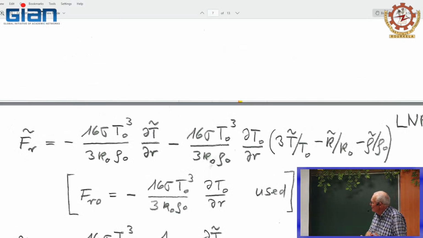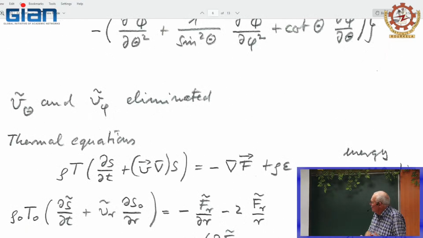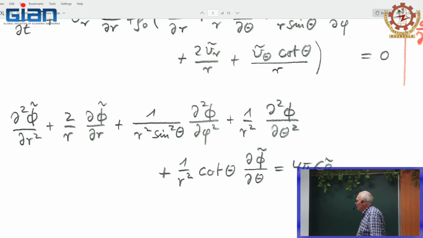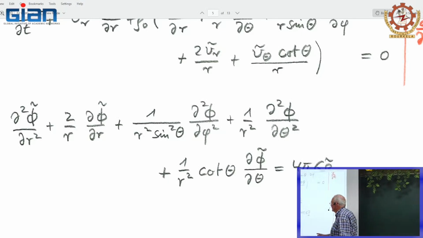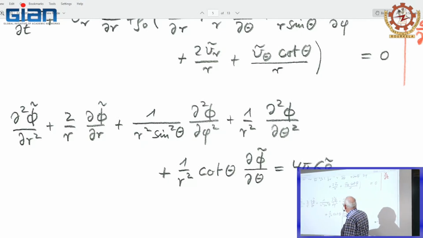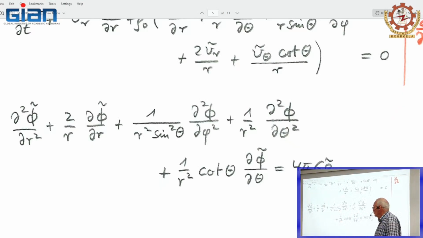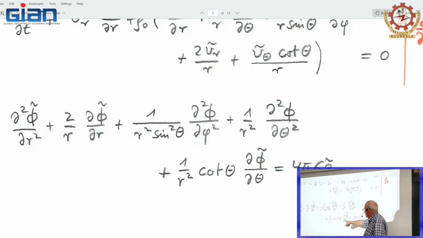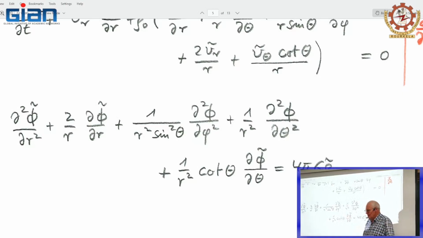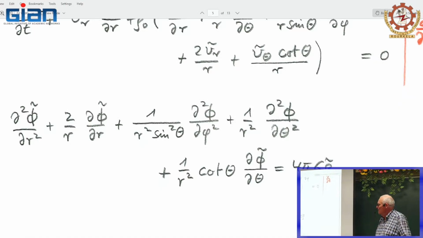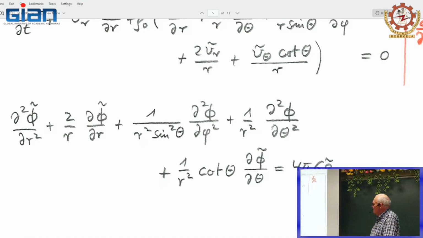Let's have a look whether we have the same here. Well, for the Poisson's equation, we also see this. We have the second derivatives with respect to theta, then 1 over sine squared second derivative with respect to the angle phi plus cotangent theta times the first derivative with respect to theta acting on our potential perturbation phi.